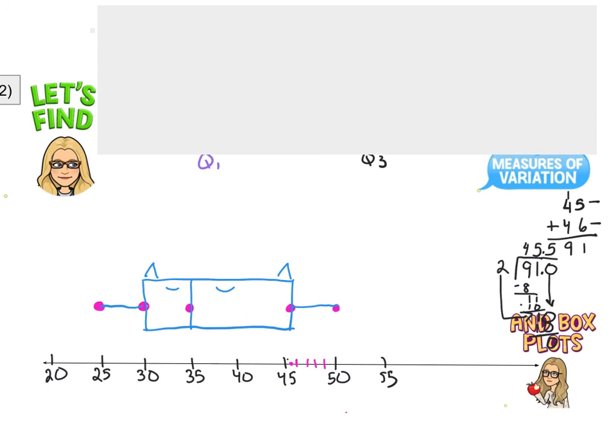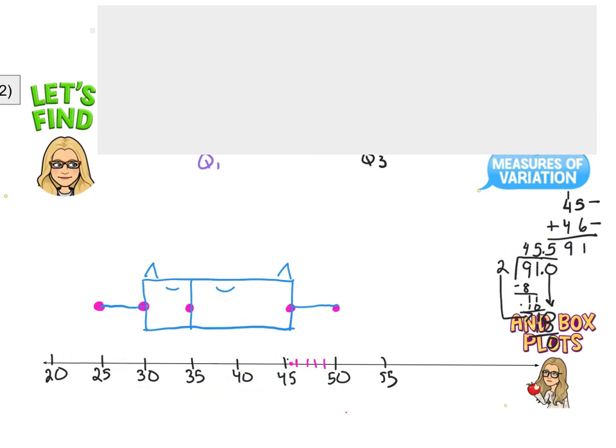I could find something like the range. That's the biggest number minus the smallest number. It would be 50 minus 25, which is 25. I could find the interquartile range. That's our Star Wars language. And that is 45 and a half minus 30.